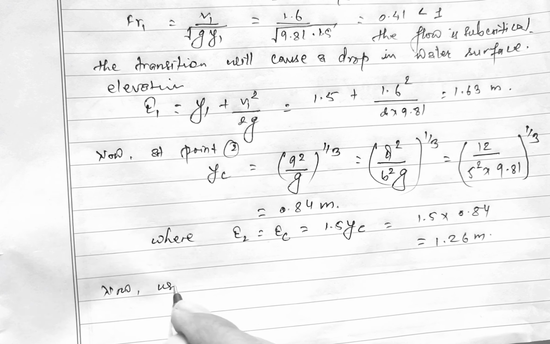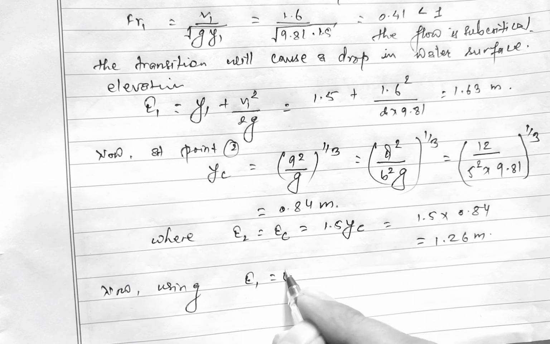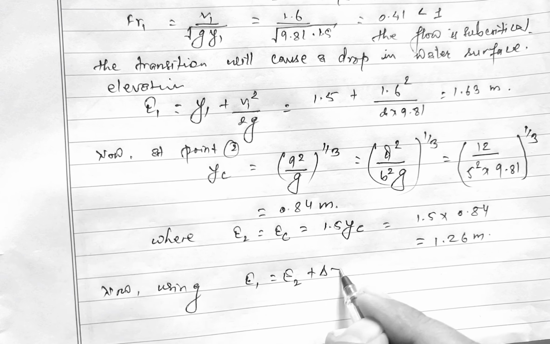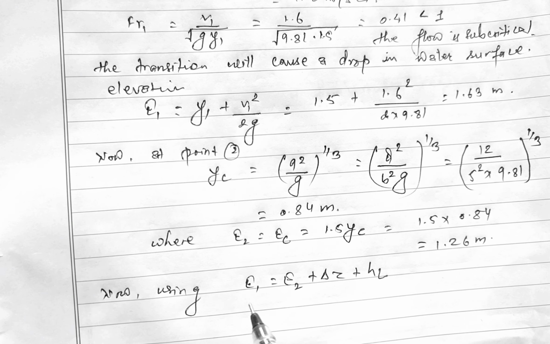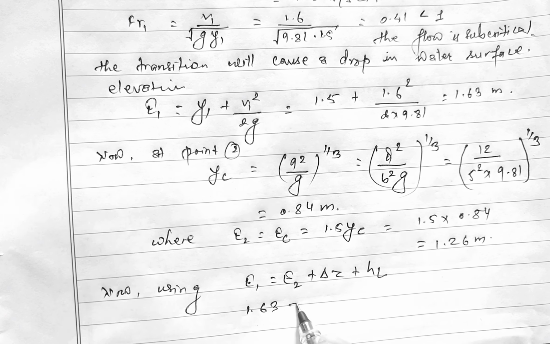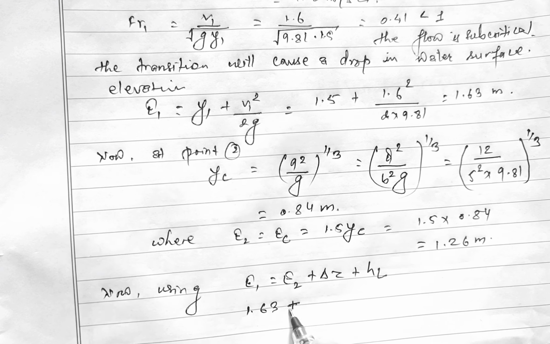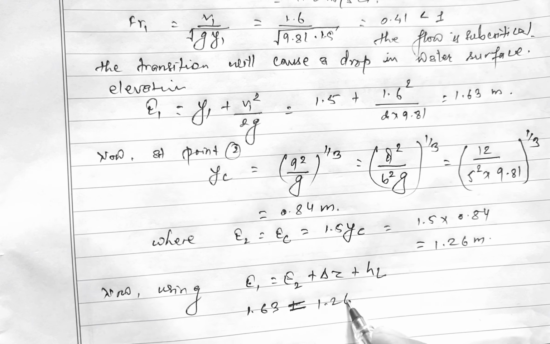Now using HL and placing the value of E1 as 1.63 and the value of E2 as 1.26.